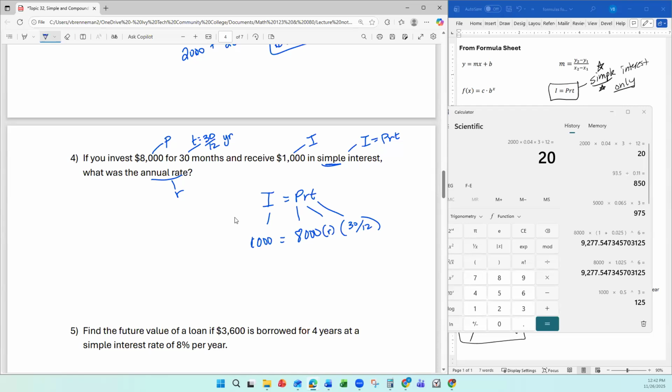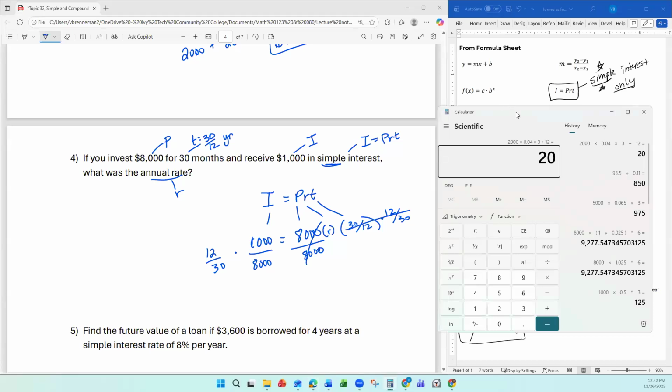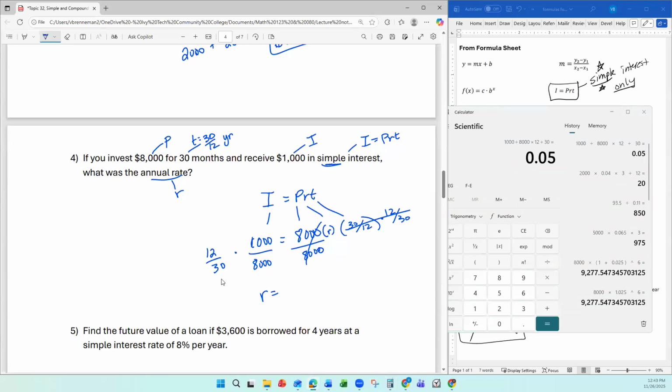So I'm going to divide both sides by 8,000, or multiply, do it this way, multiply both sides by 12 over 30, to get R by itself. So 1,000 divided by 8,000 times 12 divided by 30 comes out 0.05.